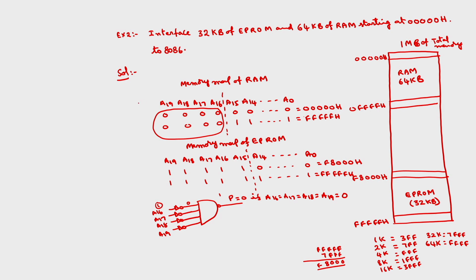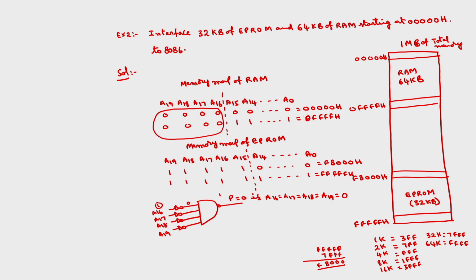A16 to A19 will be 0 for these combinations of memory locations, 00000H to 0FFFFH. Similarly, I am going to derive another signal.